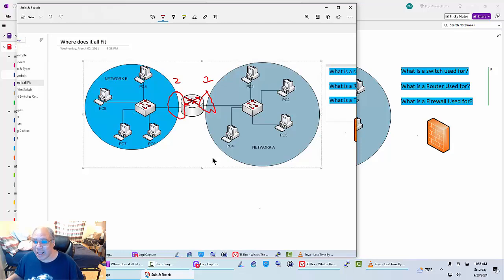Anything coming in on interface 1 from network A, because that interface is configured for network A, if it has to go to network B, I'm going to send it out interface 2.